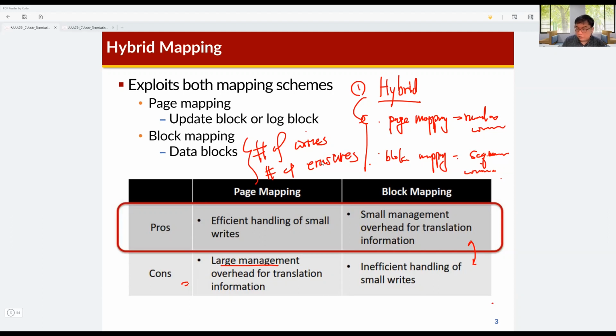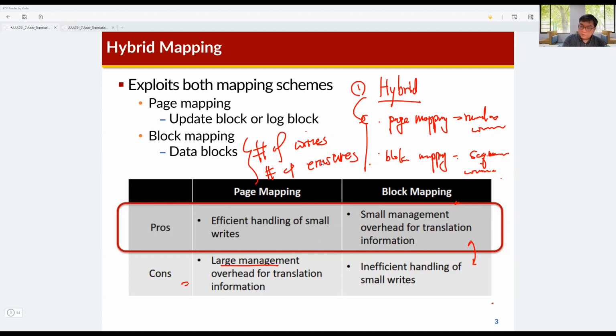And then the advantage of block mapping is that we can reduce the translation table with the block mapping mechanism. But with this block mapping mechanism, a write to the SSD requires more writes to the NAND flash memory. We learned this, and it is called write amplification.